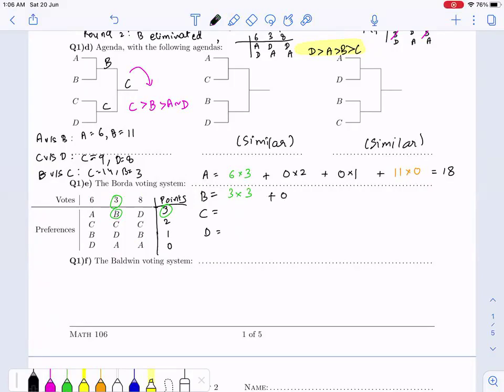Then again, B doesn't have any second choice votes, but B does have 6 plus 8 voters that voted B as their third choice, and that has weight 1. And I won't do the zero again. This was just for demonstration. You never care about the last choice. So this would be 9 plus 14, which is 23.